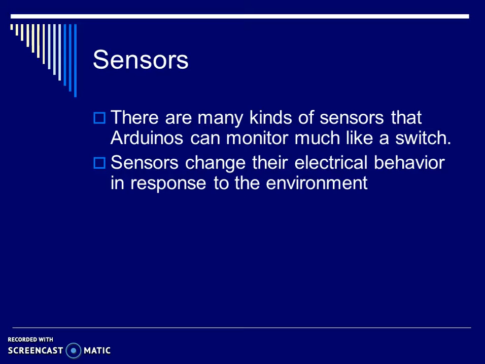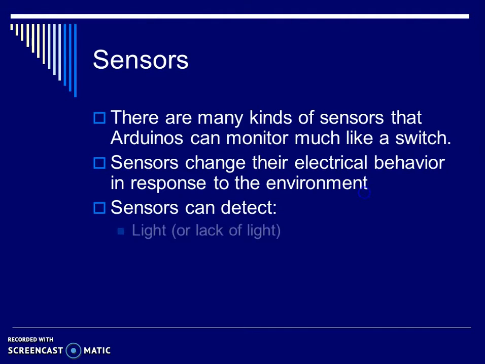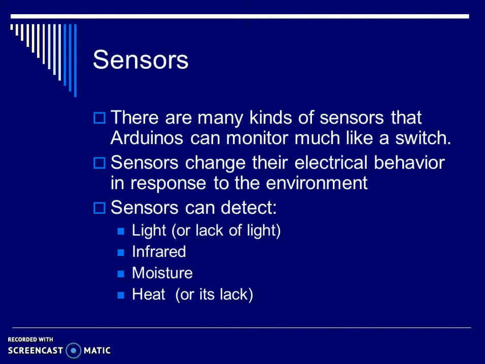But a sensor at its core is just something that changes its electrical behavior in response to a specific stimulus from the environment. So we have available to us sensors that can detect light or the lack of same, sensors that detect infrared, moisture, heat or the lack of heat, sound, and much, much more.